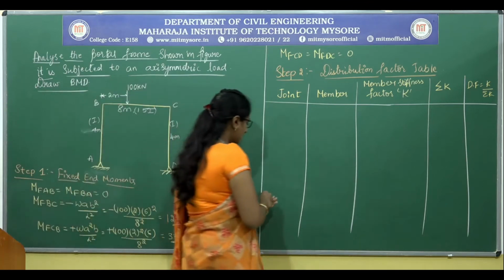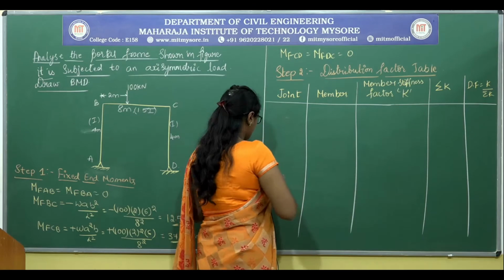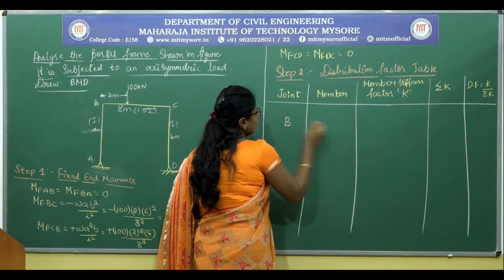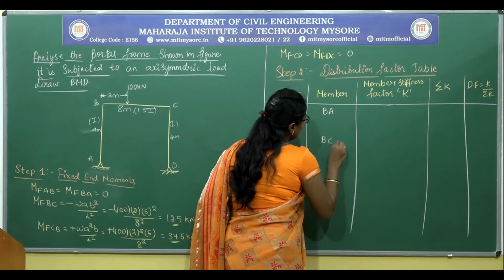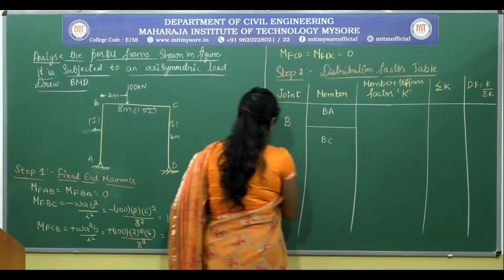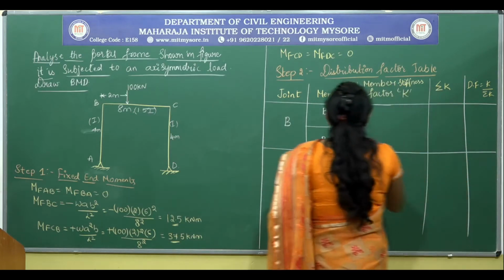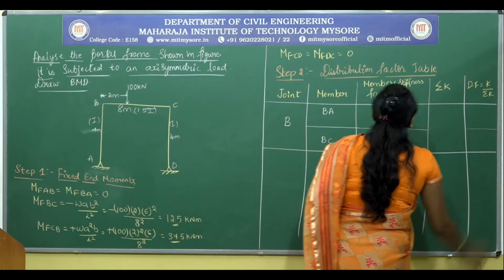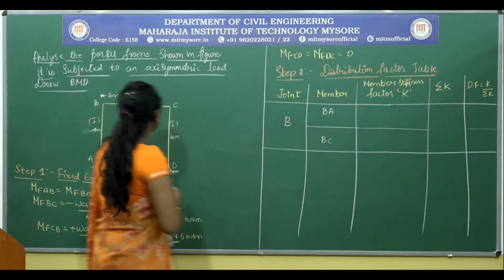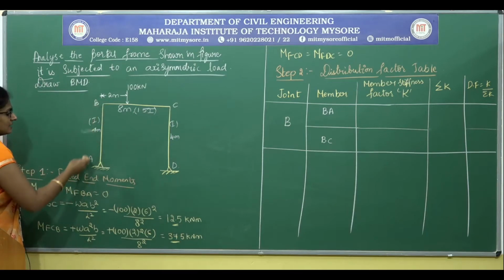So for joint B, the members are BA and BC. For BA, B is the near end, A is the far end.